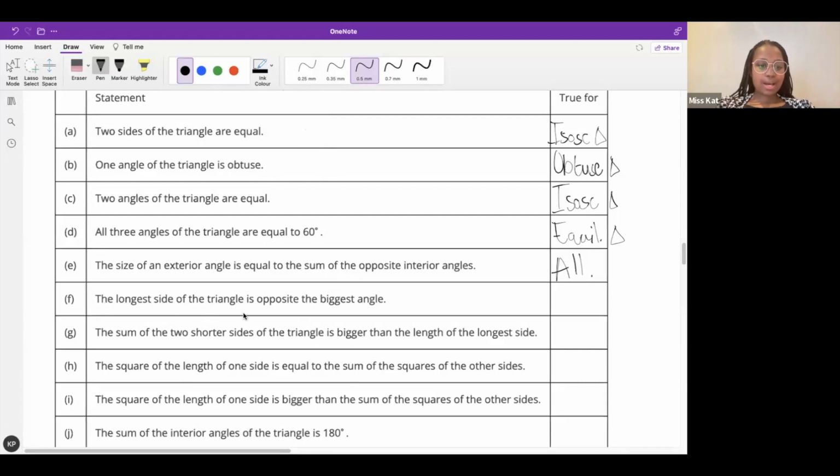If the longest side of the triangle is opposite the biggest angle, thank you very much, Mikhail. See, I change it every time I say it. It's Mikhail, there we go. This is for a right angle triangle. Okay, the sum of the two shorter sides of the triangle is bigger than the length of the longest side.